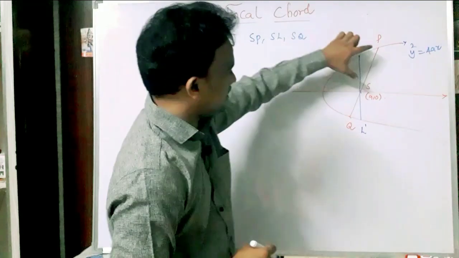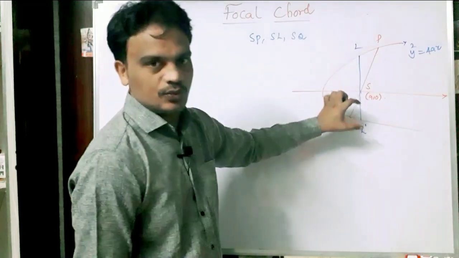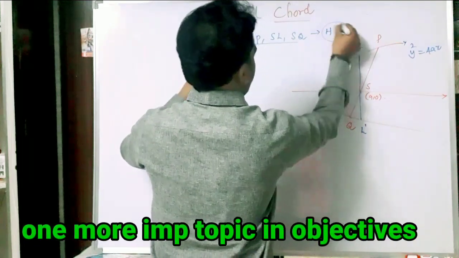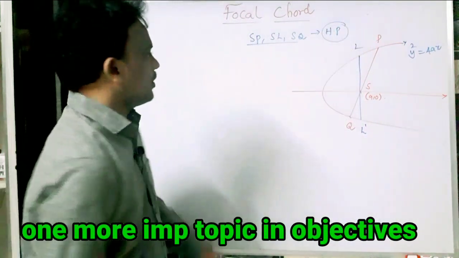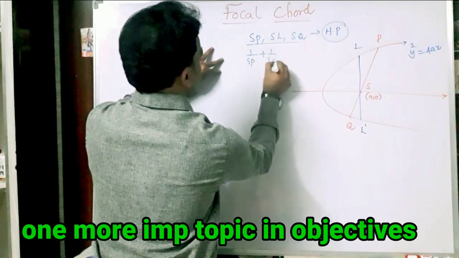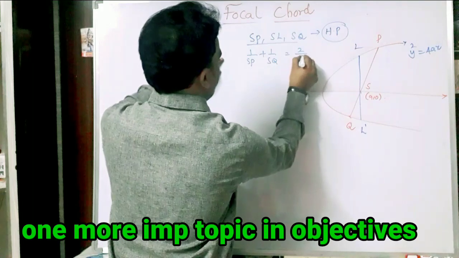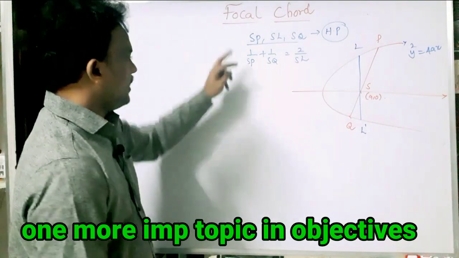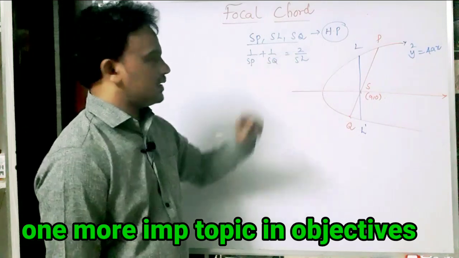These three lengths are always in harmonic progression, that is 1 by SP plus 1 by SQ is equal to 2 by SL. We are going to prove that one.